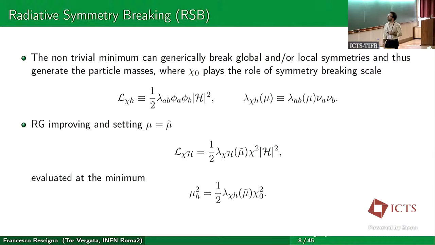With this mechanism, we can also break global or local symmetries and generate particle masses, where phi_0 plays the role of the symmetry breaking scale. For example, using this term here and defining the coupling in this way, renormalization group improving and setting the scale equal to mu tilde, we get this expression here that, evaluated at the minimum, gives the tachyonic mass for the Higgs.